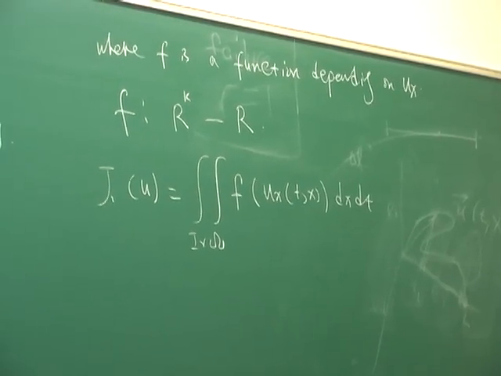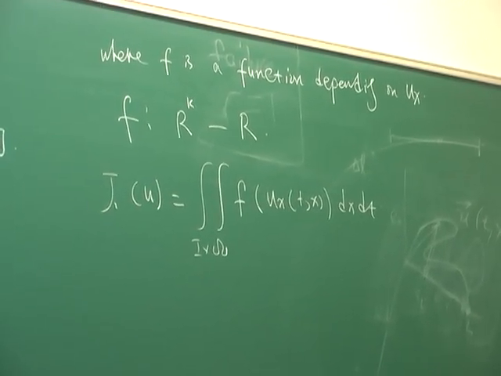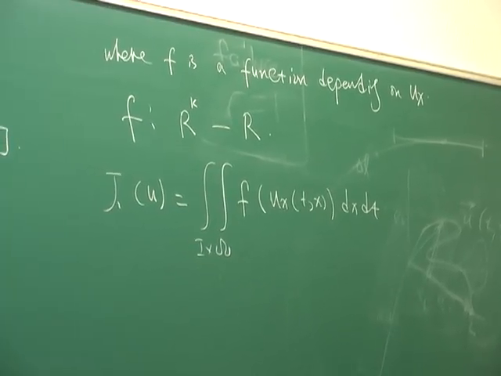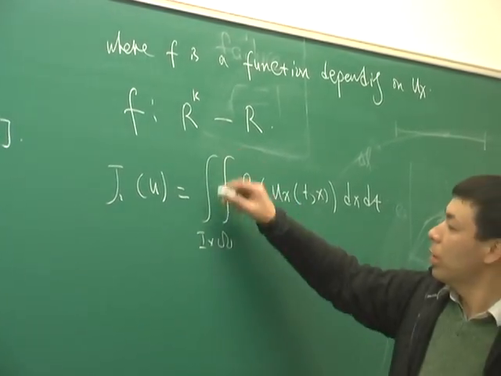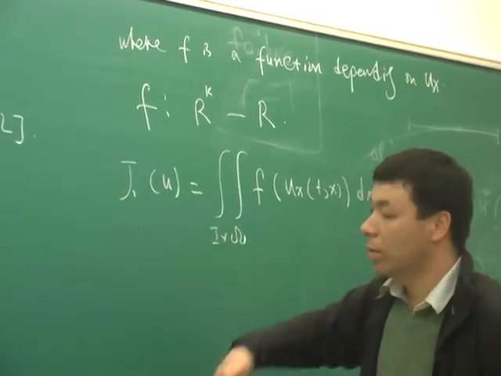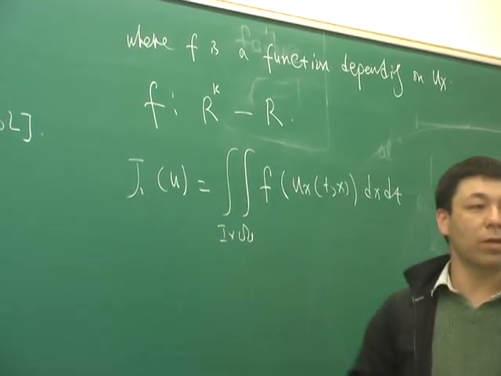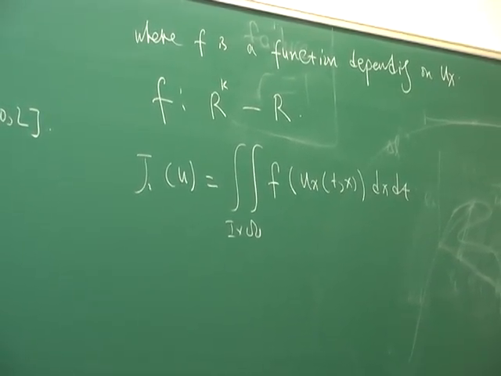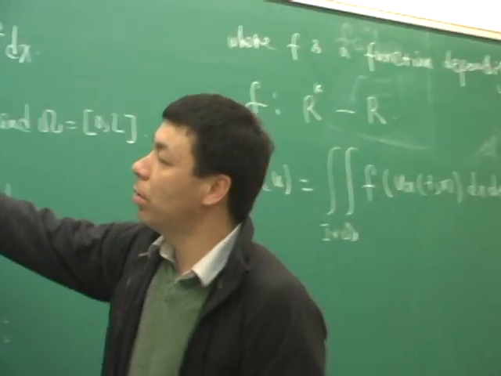The sum of the difference. Oh, the difference, kinetic minus potential. Right, that's the difference. But what I was saying is that I have this one, and this is the sum of these over 0 to T, or this, here.